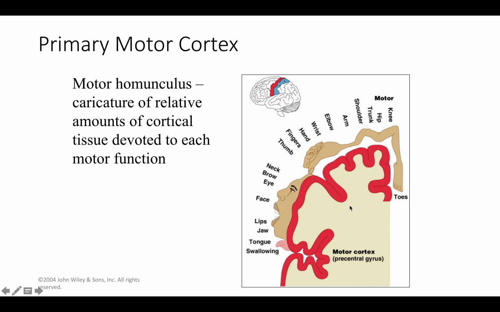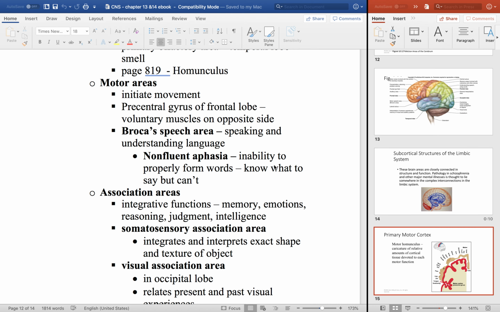It's again the same way. Odd-shaped human, big hands, because I have a lot of muscles to do complex movement. Same thing with the mouth and the tongue and the toes. The trunk and arms and legs, not so much. Okay? So the precentral gyrus in the frontal lobe is where it processes those and sends out messages.